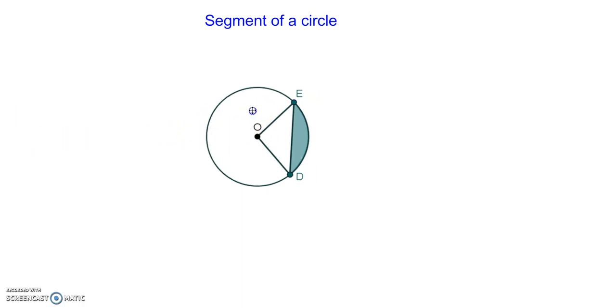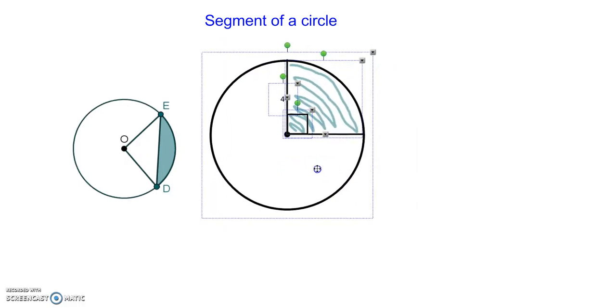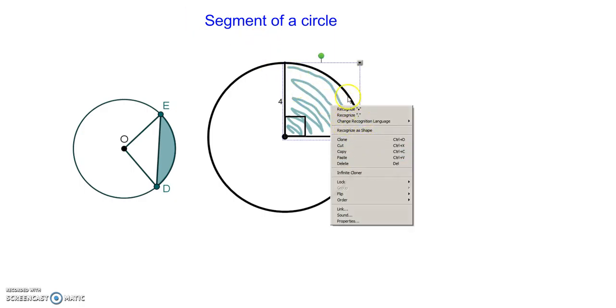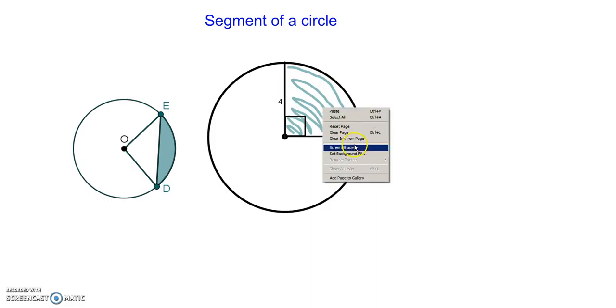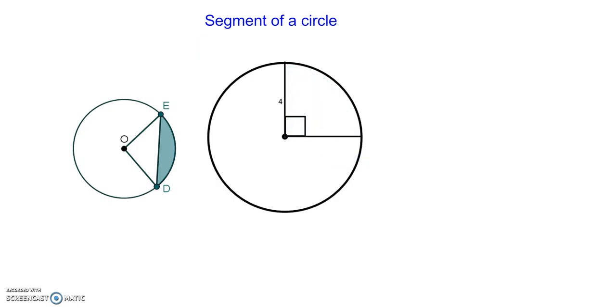So here, what I'd like to do now to help explain how we're going to solve the segment of a circle is bring in the circle that we've already calculated the sector area for. But now, instead of finding this entire area, what we want to do is find just the area that looks like this.